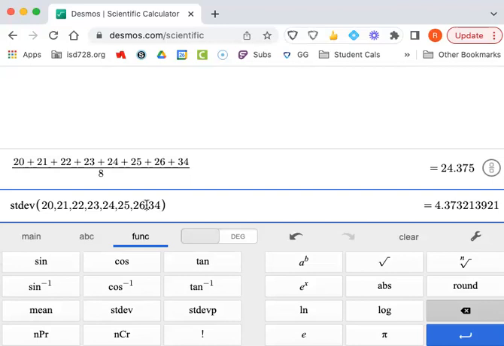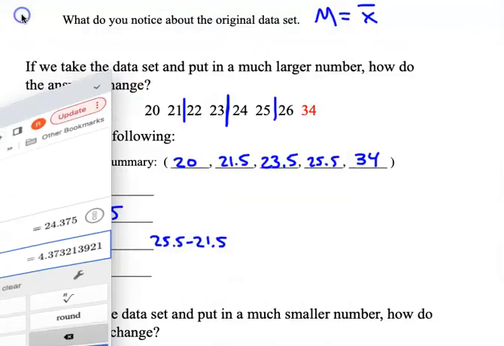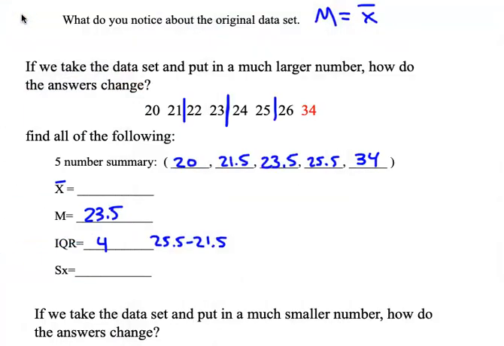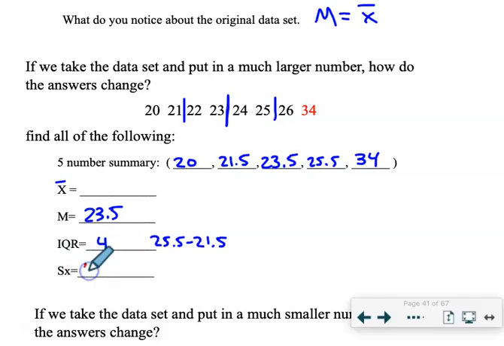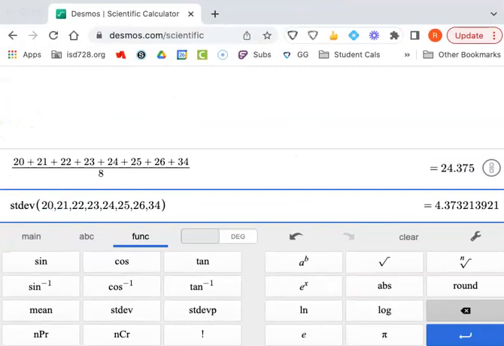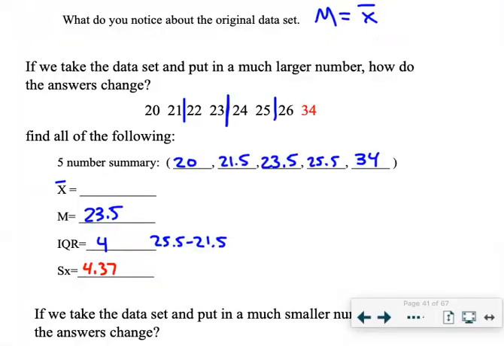Our average is now 24.375, and our standard deviation is now 4.37. This was 4.37. Oh shoot, I already forgot what the average was. It was 24.375. I'm not going to forget this time. So 24.375.